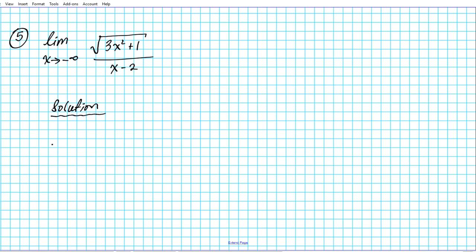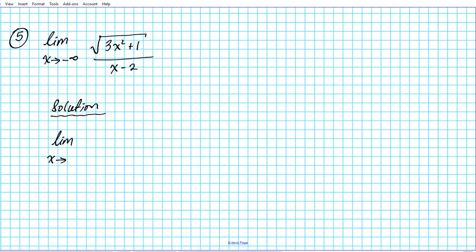Now, what if you were to find the limit as x approaches negative infinity of the square root of 3x squared plus 1 divided by x minus 2. Okay? Alright, so for this one, let's go ahead and compare the degree of the numerator to the degree of the denominator.